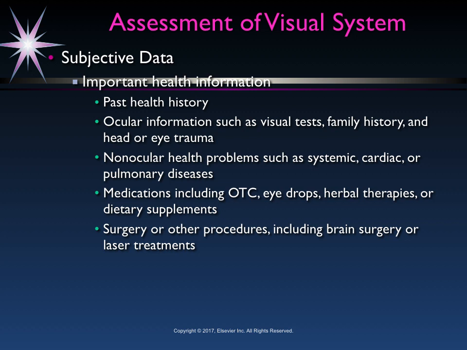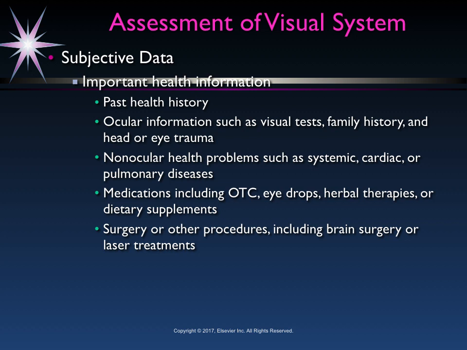Some of the information that we want to look in their past history about should include both their ocular and their non-ocular information. Patient information obtained should include past eye health and family history with eye problems.